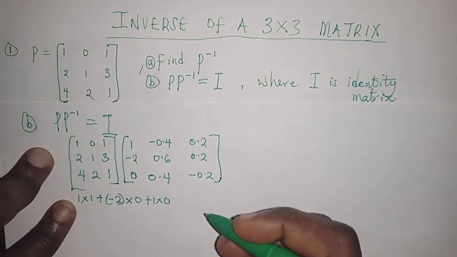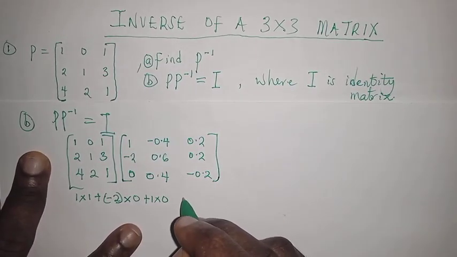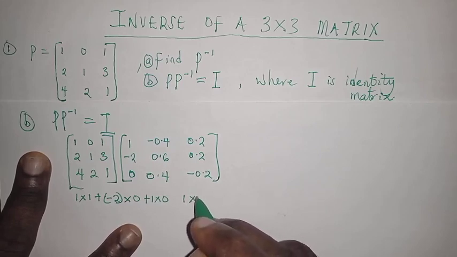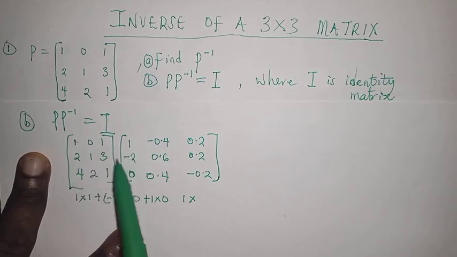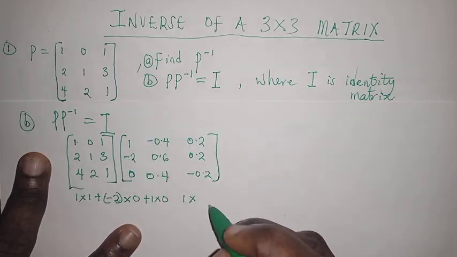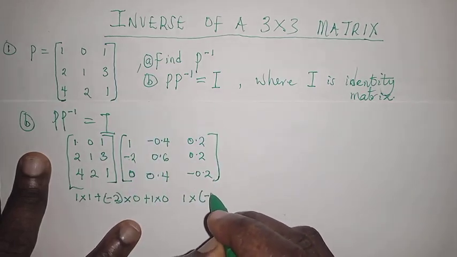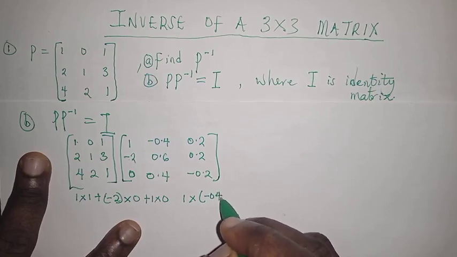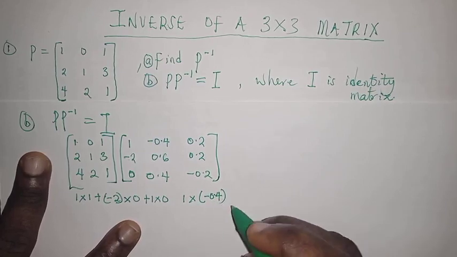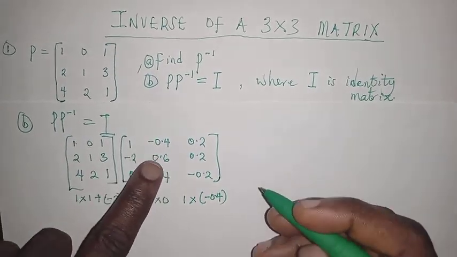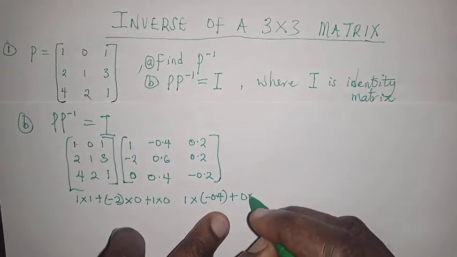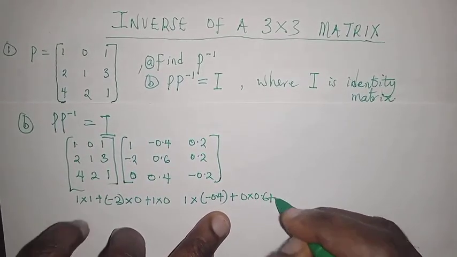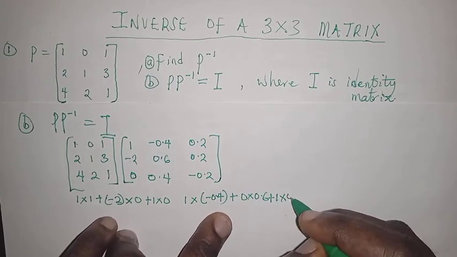Then we also have that 1 times minus 0.4, so 1 times minus 0.4 plus 0 times 0.6 plus 1 times 0.4.